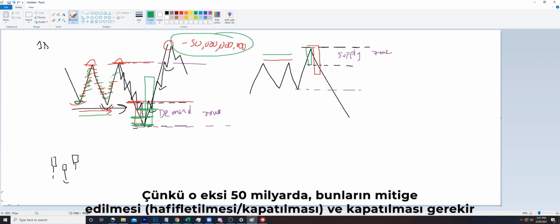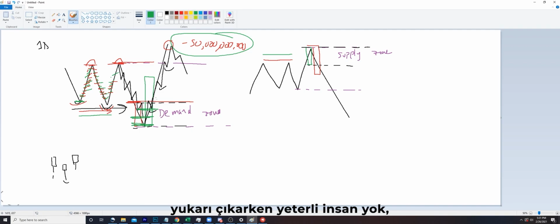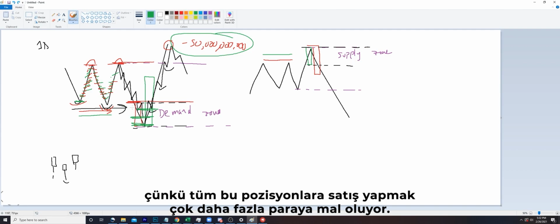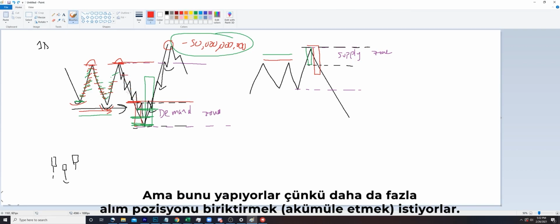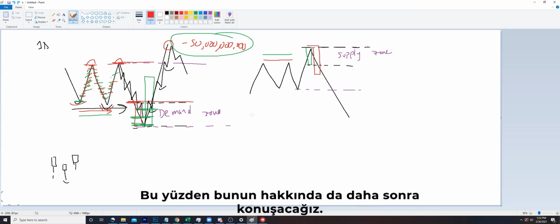Because he's at negative 50 billion that need to be mitigated and closed, because literally there are not enough people on the way up to just close all these sells, or even there's not enough people here to close all these major sells, because it costs so much more money to sell into all these positions. But they do that because they want to accumulate even more buy positions. That's why we undergo Wyckoff, right? So we're going to talk about that as well later, and we'll talk about how that fully works.